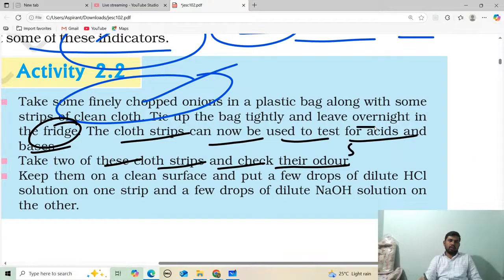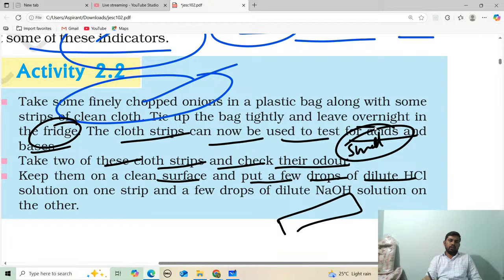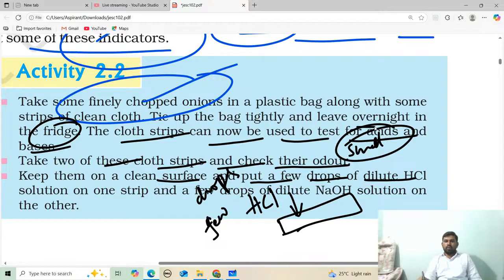Before doing the activity, we should know what the smell is. Then keep them on a clean surface and put a few drops of dilute HCl solution on one strip, and a few drops of dilute NaOH solution on the other.